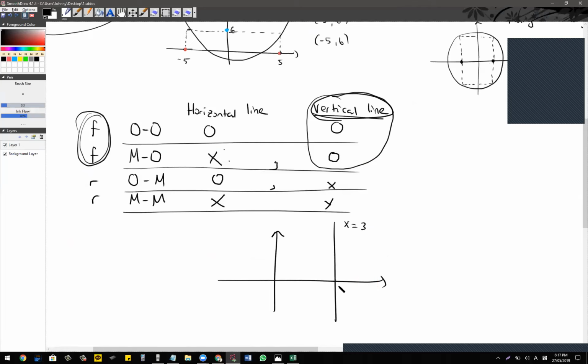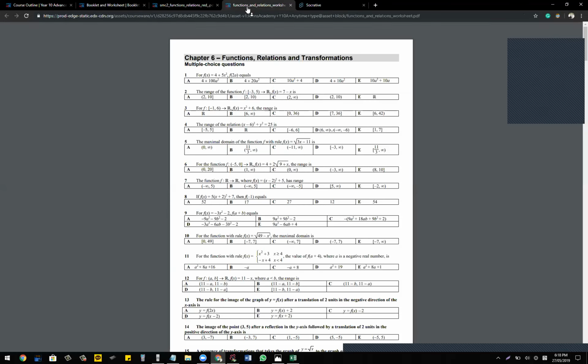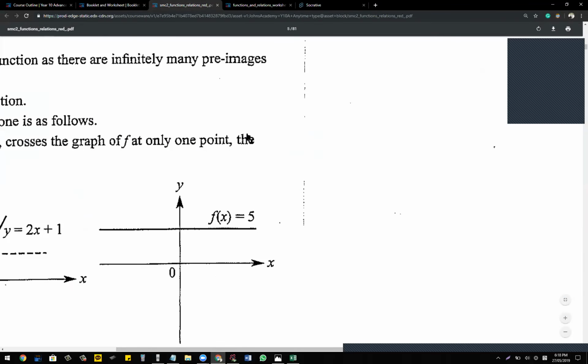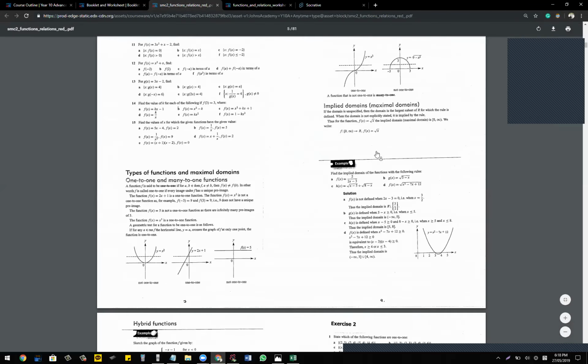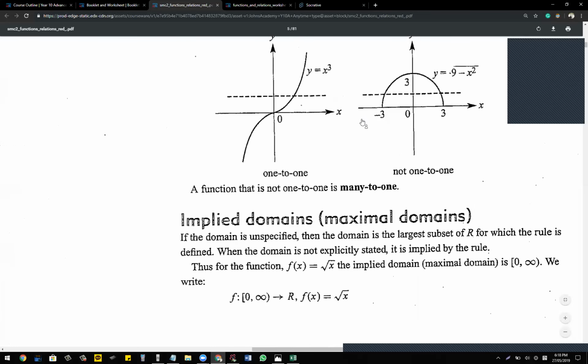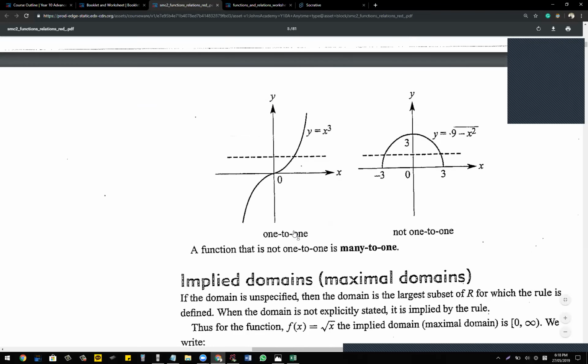Now, moving on to, so these are the definitions of function and relation. Functions and relations, and one-to-one, many-to-one, etc. This one is a one-to-one. As you can see, one-to-one is always an increasing function or always a decreasing function. So you can see here, down over here, this is also always an increasing function.